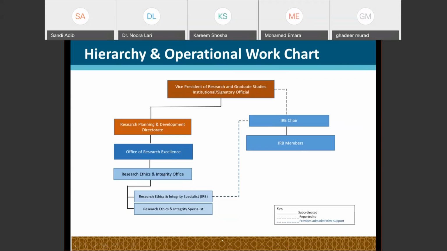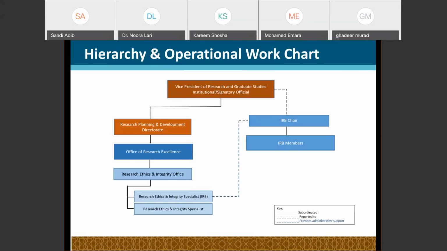The Research Ethics and Integrity Office provides administrative support to the QU-IRB and is also the focal point between the committee and the Ministry of Public Health in terms of registration, assurance, and all related matters.